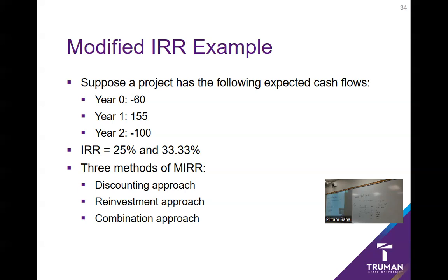What is the assumption of the combination approach? Take it here. Does it exist anymore? Take it there. Does it exist anymore? But for the reinvestment approach, what did we do? We only compounded this one to here.